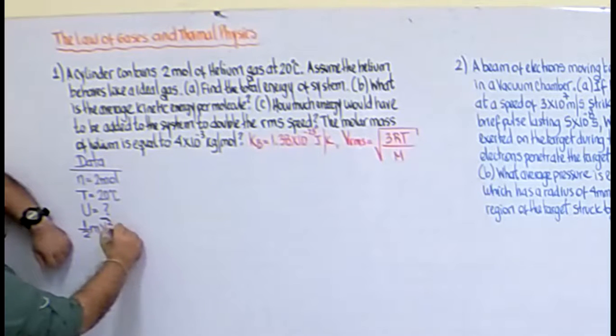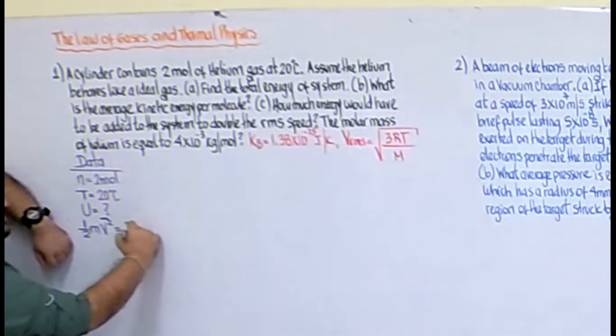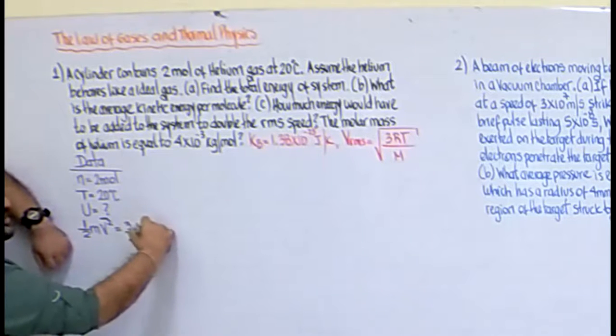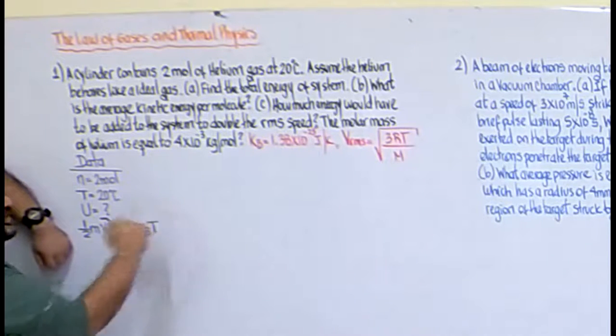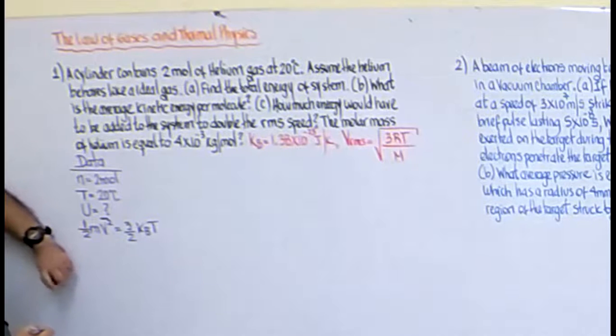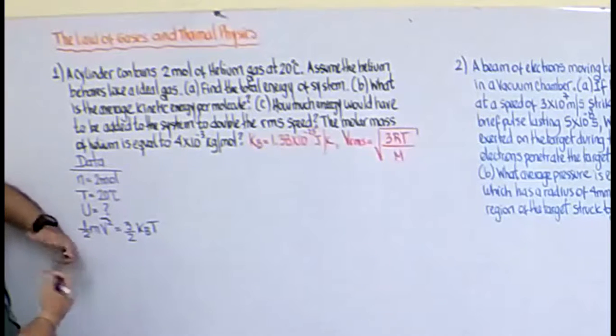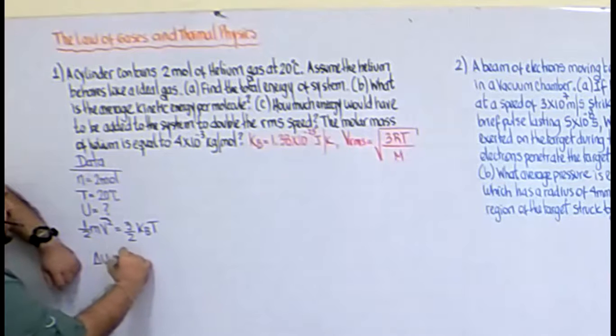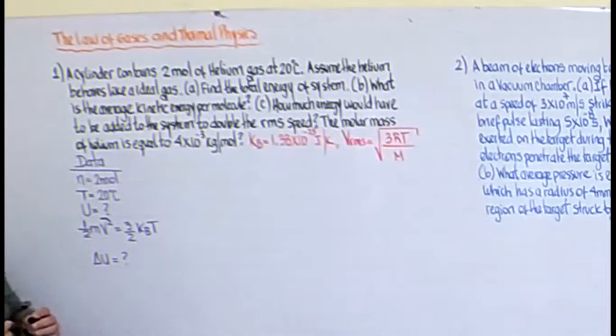If you remember, this average kinetic energy is equal to 3 halves times the Boltzmann constant times the temperature. And after that, how much energy? They're asking for the new increase, or delta U, I mean the new increase of kinetic energy or internal energy in this case.